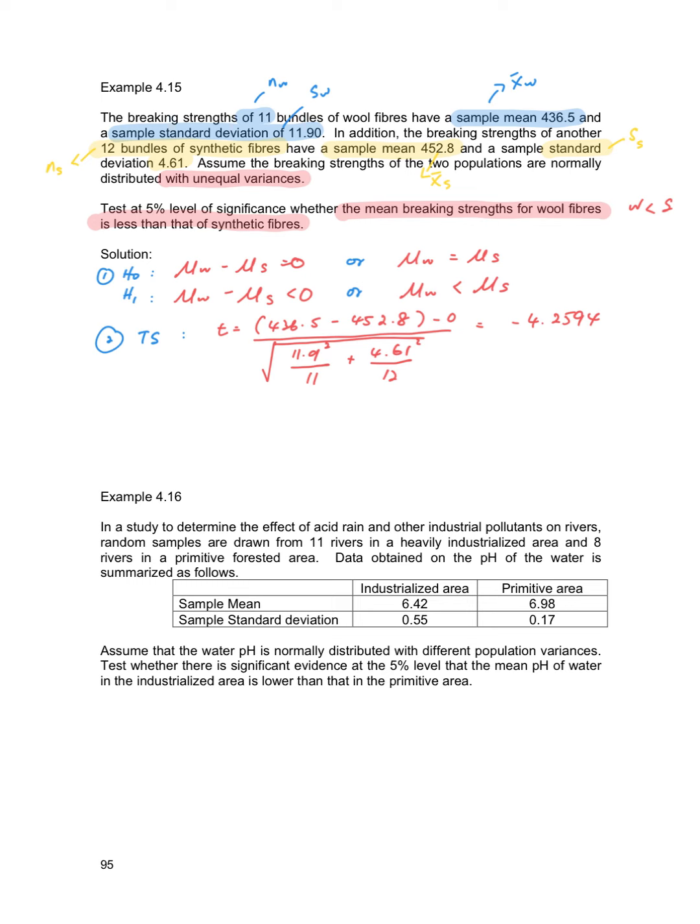The third step is the critical value. Our critical value is T alpha. Our alpha is 0.05, and then you need to calculate the degree of freedom first.